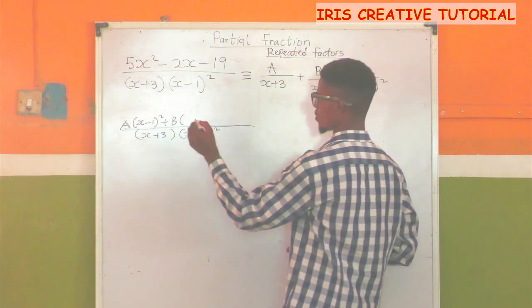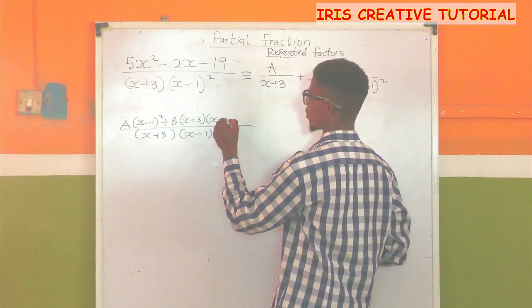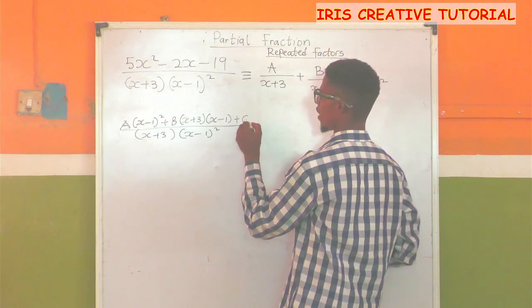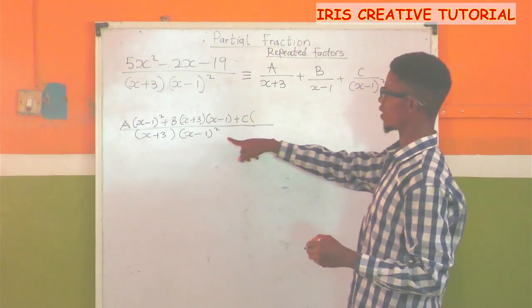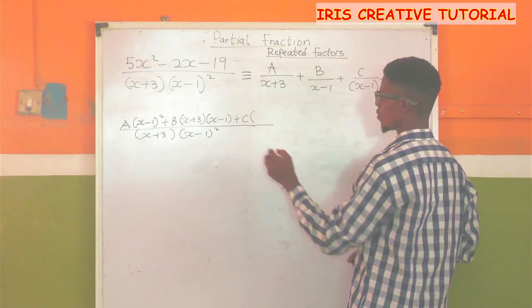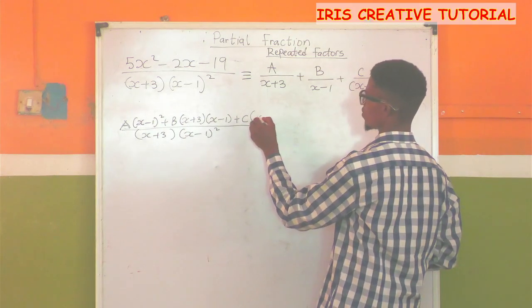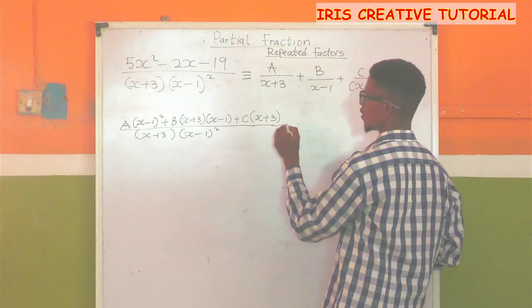So this will be x plus 3 and x minus 1. Then for C, the factor is x minus 1 squared, so if we bring it down here, we are left with x plus 3. So this is what we have here.